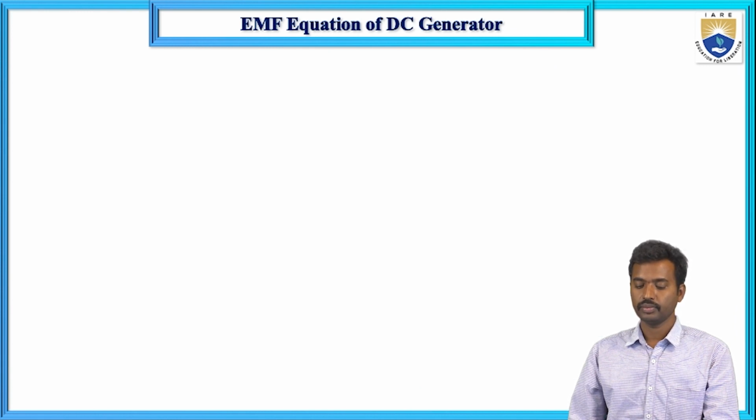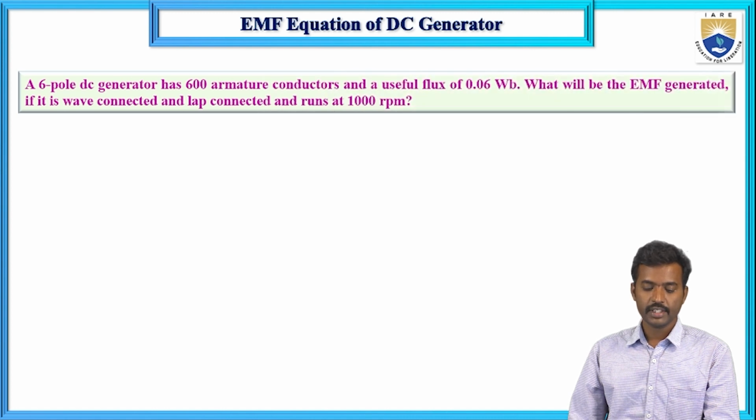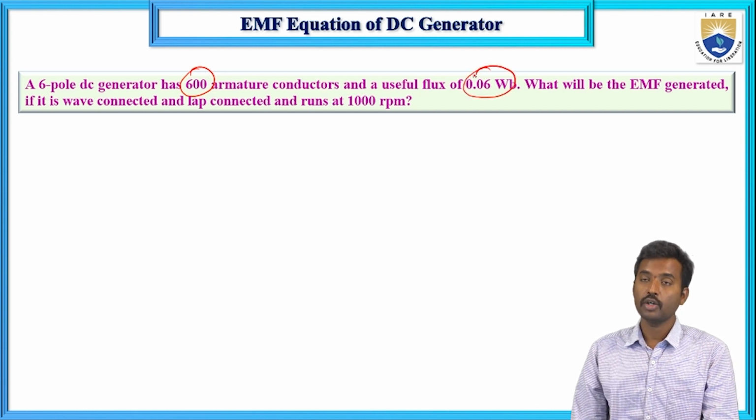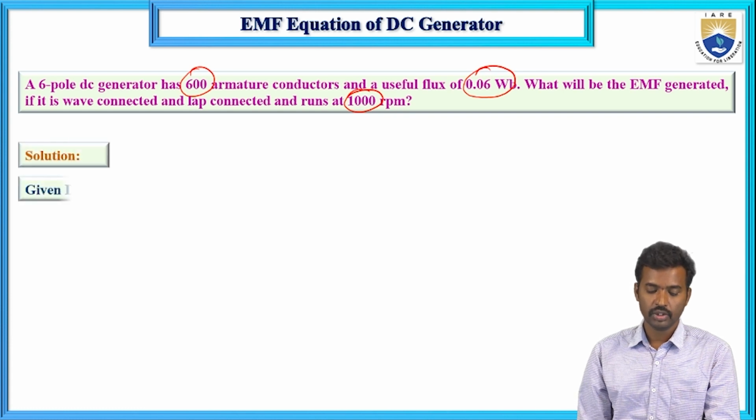So a 6-pole DC generator has 600 armature conductors, and useful flux is 0.06 Webers. What will be the generated EMF if it is wave connected and if it is lap connected and runs at 1000 RPM? Same question, and the solution is the same.